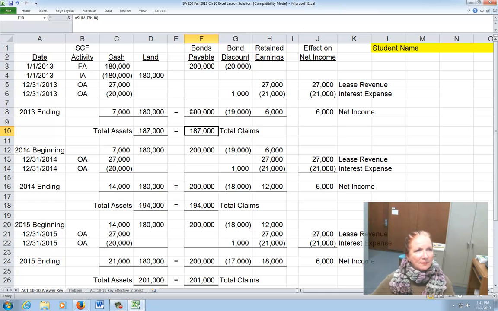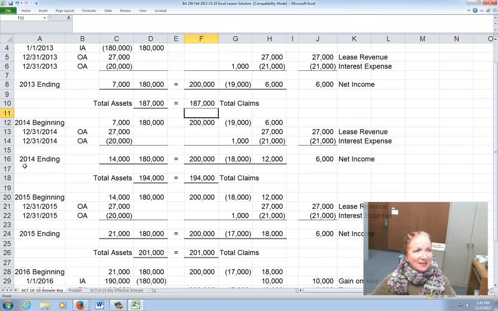So when we look at these claims, we have F10, F8, G8, and H8, and that's what's showing up right down here in these total claims. So as we look at those, that's the information that we're wanting to put into this Excel spreadsheet.